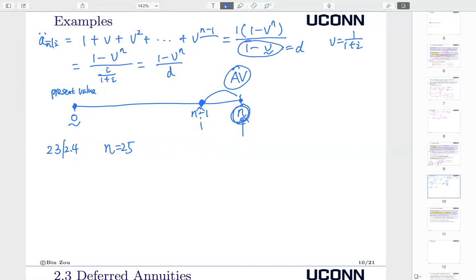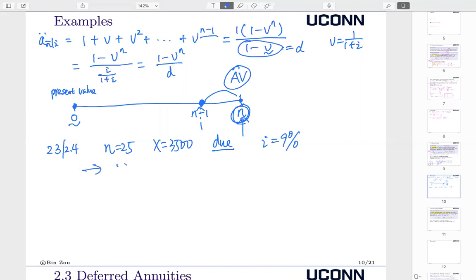So we know the number of payments is 25, of amount 3,500. So we know the size of payments is 3,500 at the beginning of each year. So we know this is an annuity due starting now, and we want to know the present value. So the annual effective interest rate is 9%.